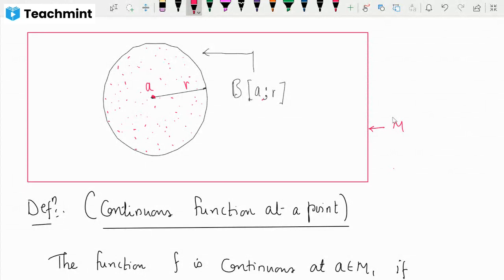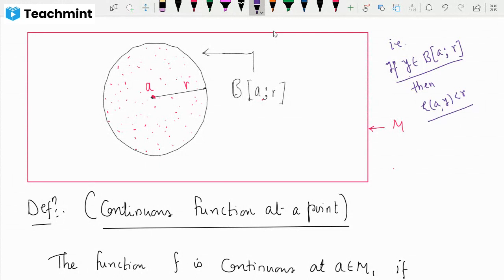So geometrically you can see the open ball. What is the meaning of y being an element of B(a, r)? When we say y is an element of B(a, r), the distance between y and a should be strictly less than r, so rho(a, y) is strictly less than r.